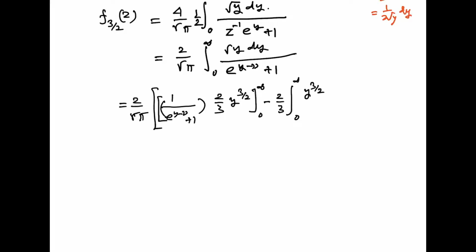Now we differentiate the first function, so we will get a minus 1, and in the denominator e to the power y minus nu plus 1 whole square, and when we differentiate e to the power y minus nu, we obtain e to the power y minus nu and dy.